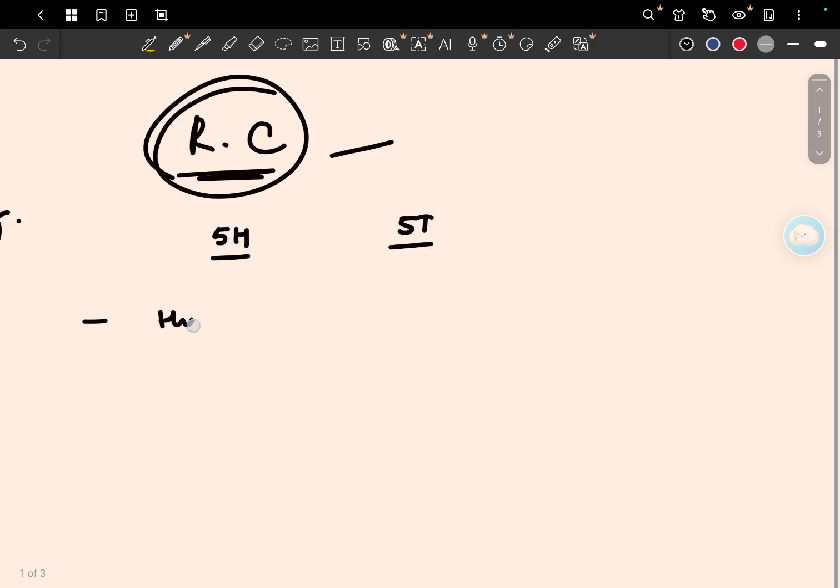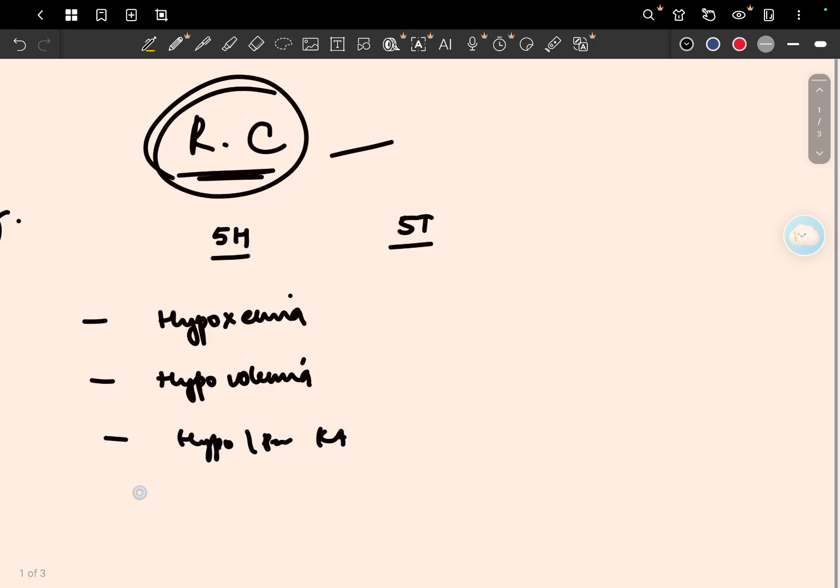So we have hypoxemia, then hypoglycemia, hypovolemia, hypo or hyperkalemia, H plus acids, and hypothermia.